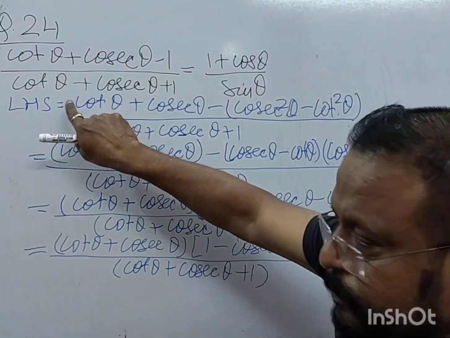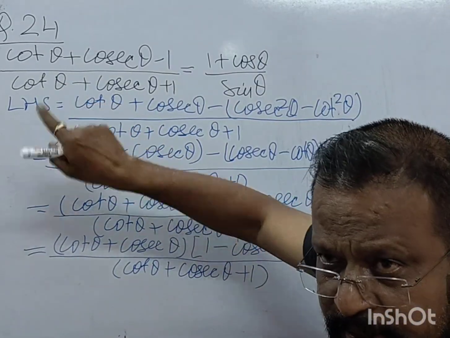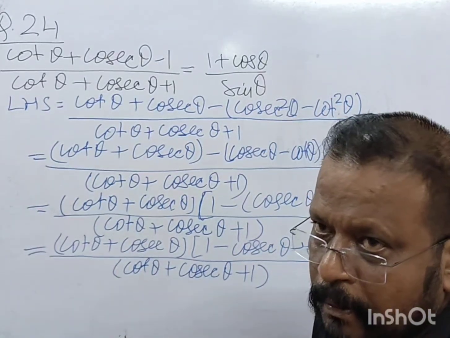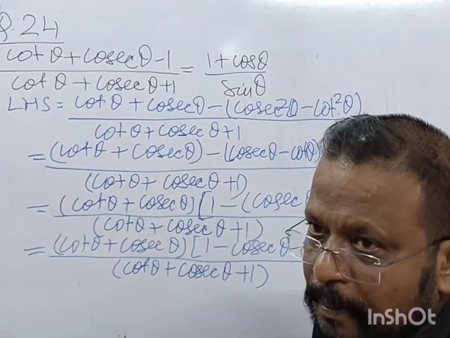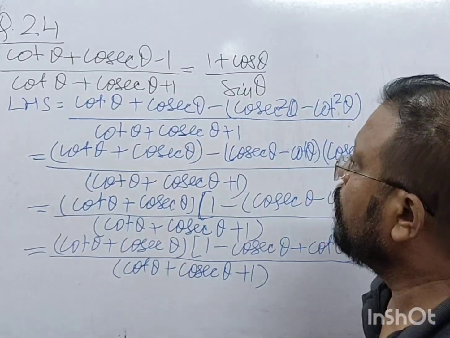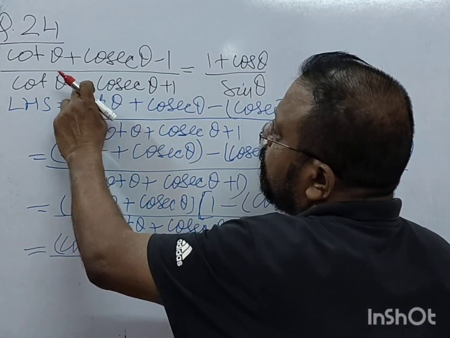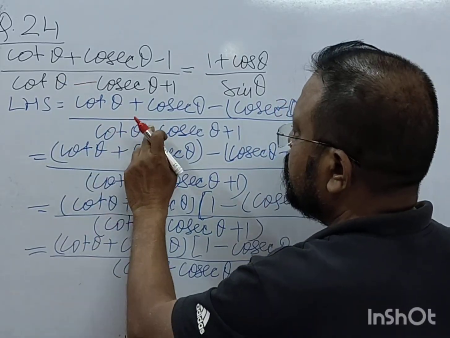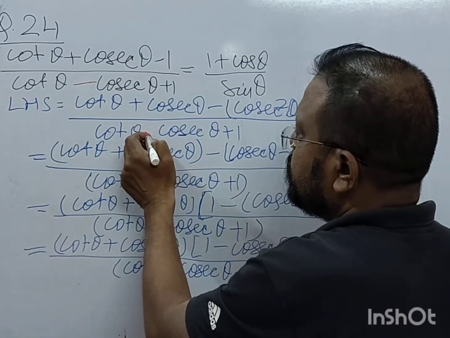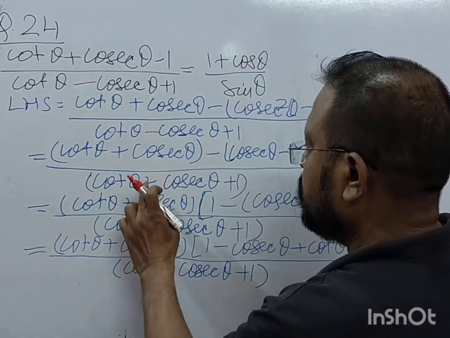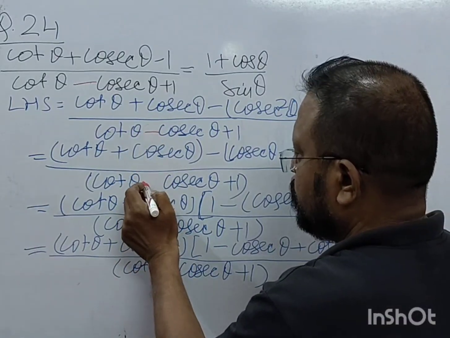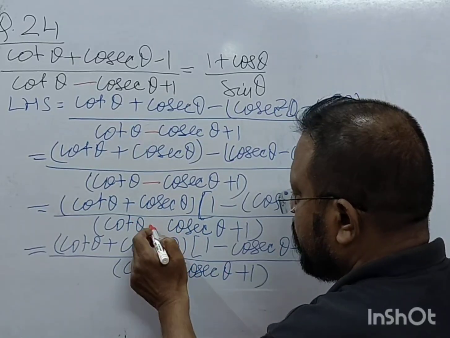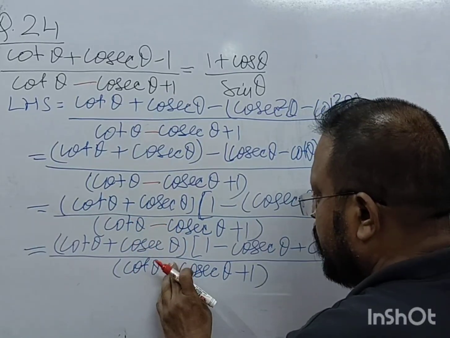You see here, minus cosec theta is written. Check. I know that now, but the arrangement is not setting like that. This is minus, this is minus, this is minus, this is minus, and this is minus.